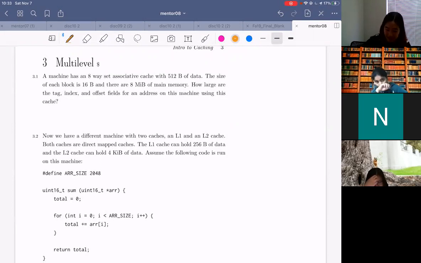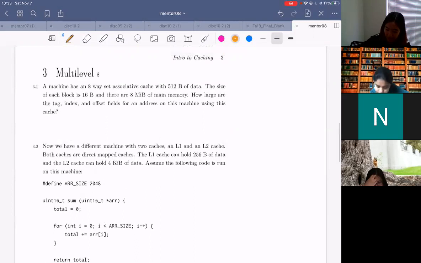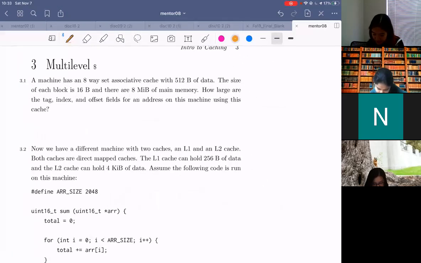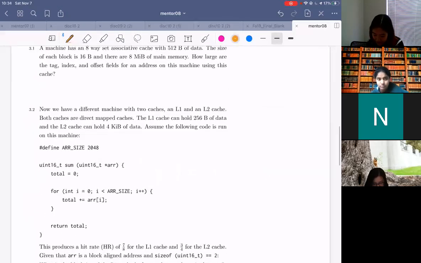So I'm going to give you guys about 3 minutes to work through 3.1, to do the TIO breakdown and figure out at which indices the different breakdowns occur. And then we're going to talk about 3.2 after that. If you guys finish early, you can definitely go through and look at 3.2.